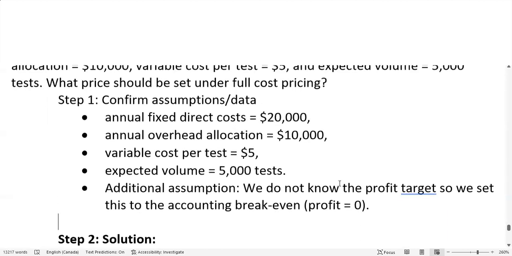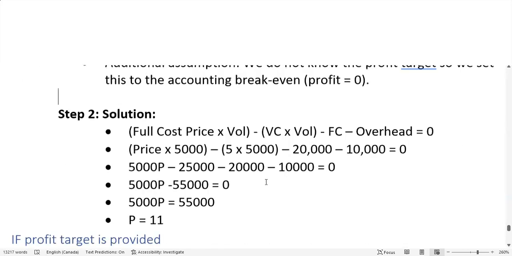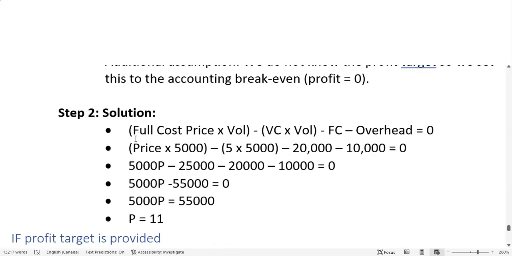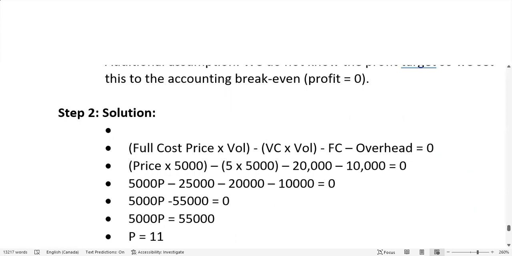Right? So now we can push it to the solution. Here we'll use this formula, which is essentially revenue minus your total cost. That's what the formula is based on. Because we don't know the profit target, let's set that to 0 for now.